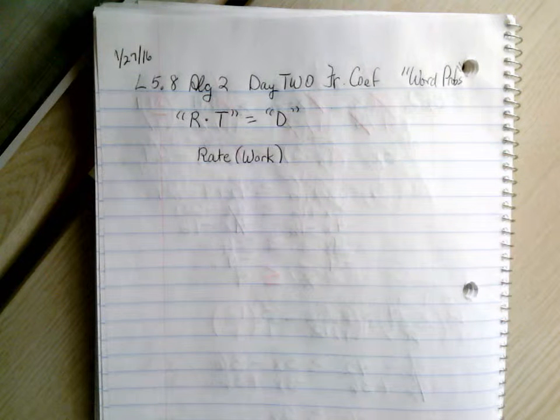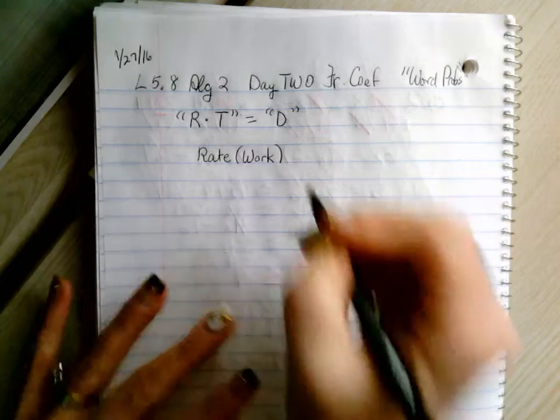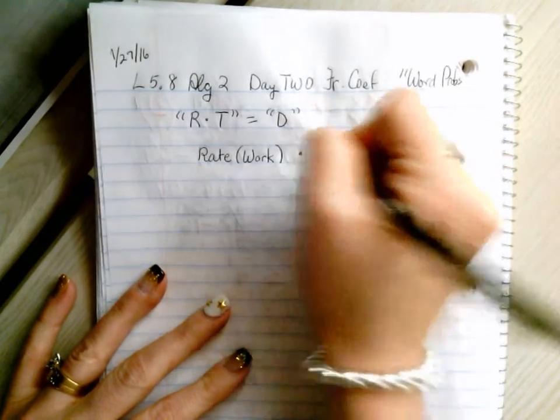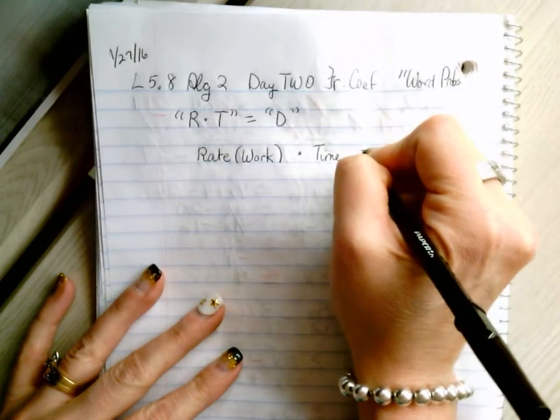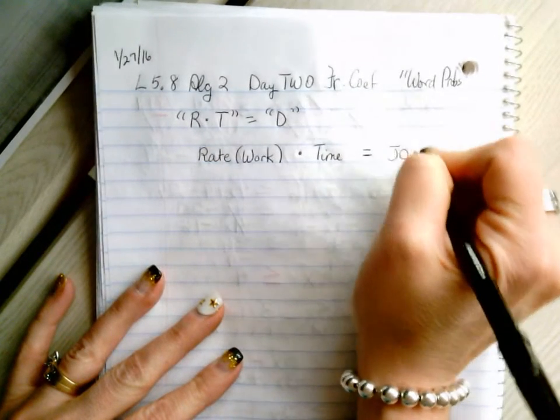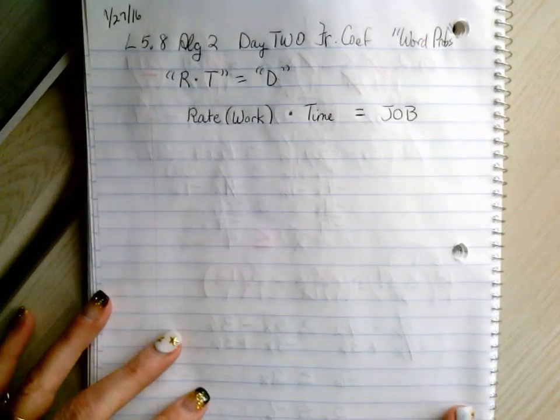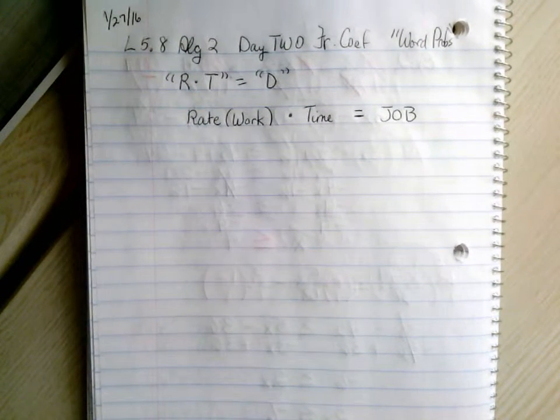One machine can do it at this rate, the other machine at a different rate, multiplied by the time involved equals, instead of distance, the completed job. The rate of work multiplied by the time involved equals the job being completed.